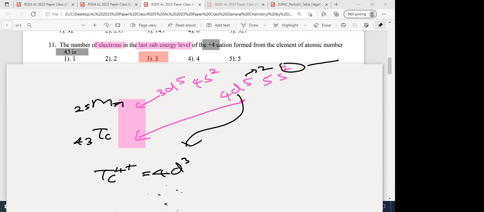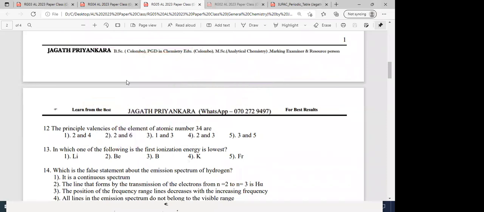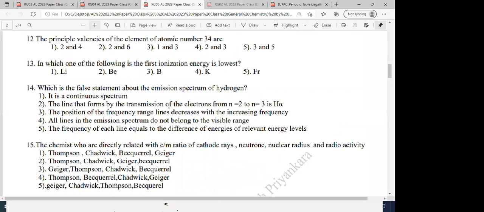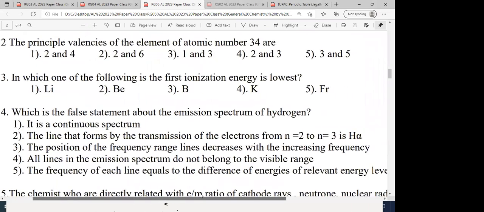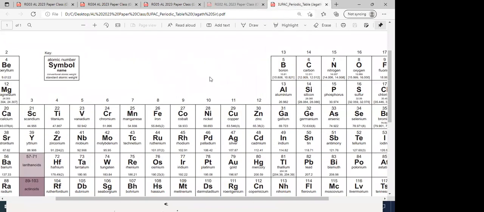Then next one, question number 12. Principal valencies of the element with atomic number 34. Again, quickly look at the periodic table. Atomic number 34. What is the atomic number 34? Take the group, then you can easily get the valency.